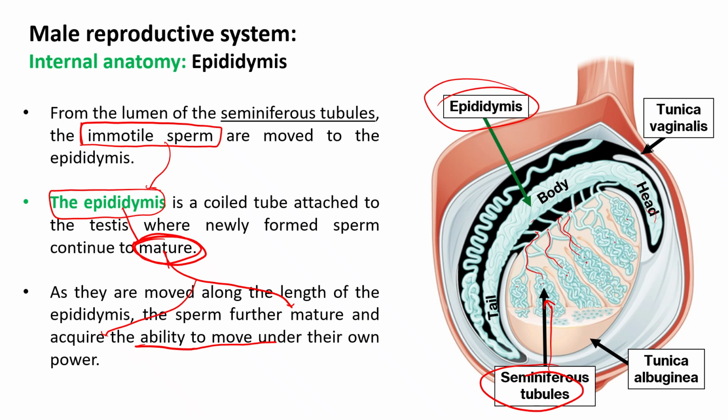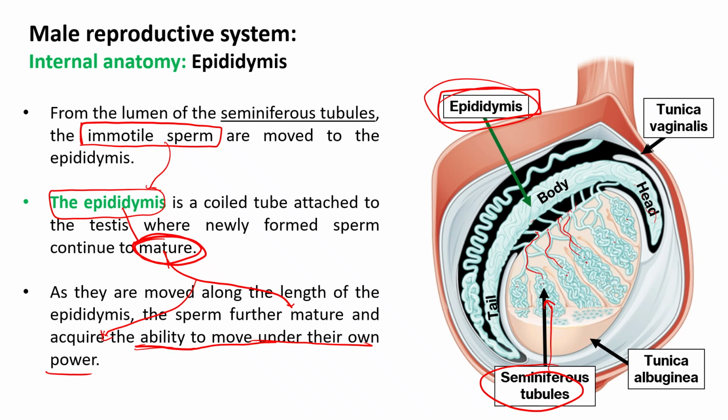One of these transformations, as we're going to see later, is the formation of a tail, and this tail, or flagellum, is the one that will empower the movement of the sperm. So the epididymis is a very important structure because that is the place where spermiogenesis happens. It's different from spermatogenesis.